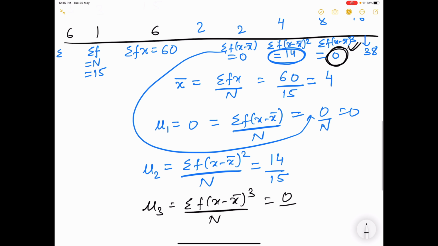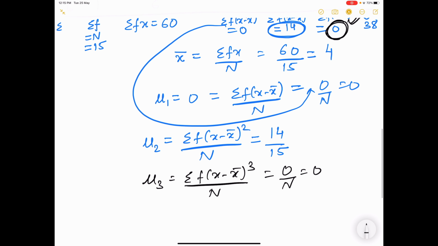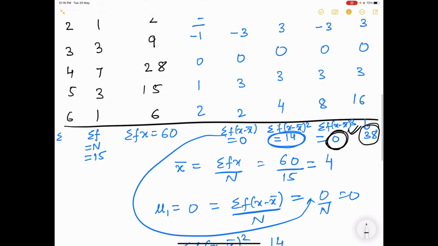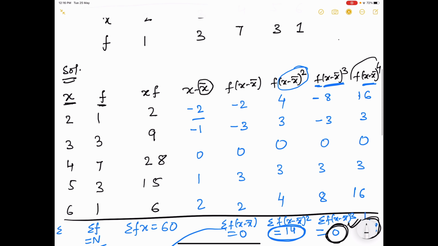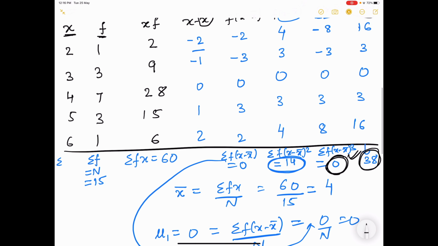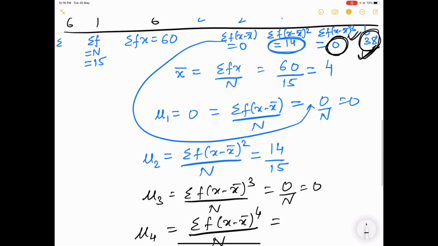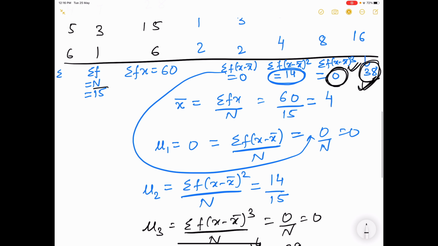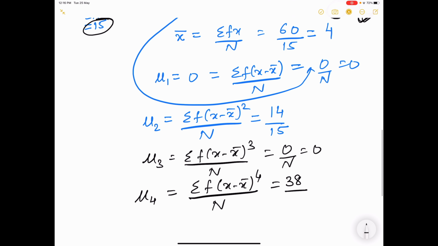So we'll write here, this will come out to be 0. Let us write the formula to find the fourth moment about the mean, and again the formula is symmetrical. Let us see the value from the table: the value for sigma f into x minus x bar to the power 4 is coming out to be 38. Let us put this value here, 38 upon what is the value of capital N, which is 15. So we have 38 upon 15.